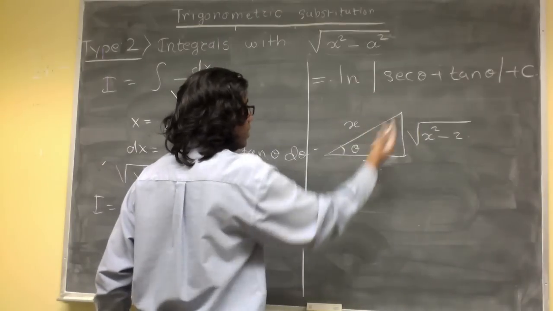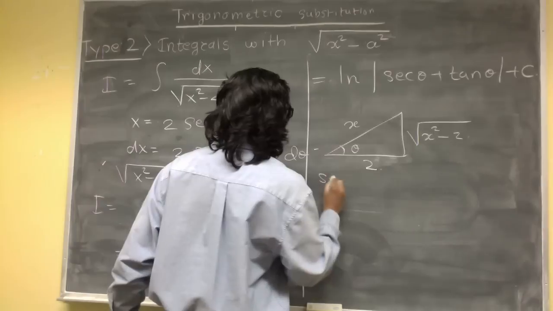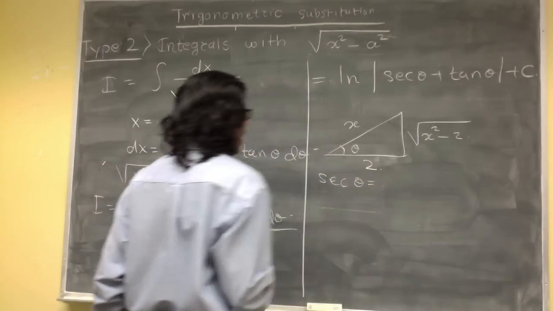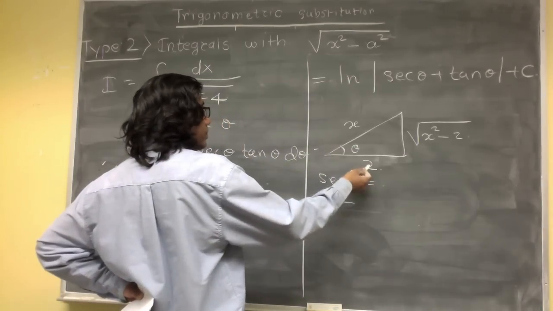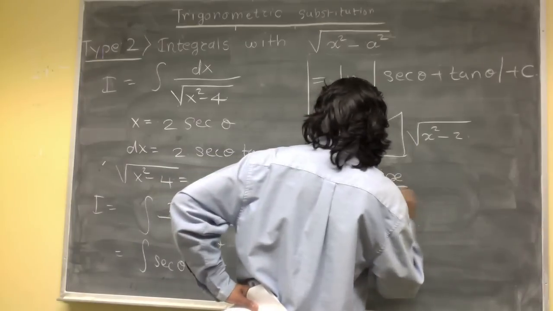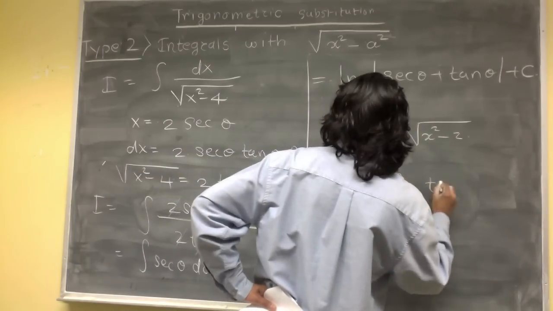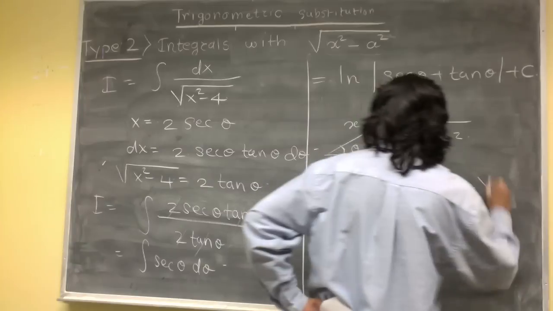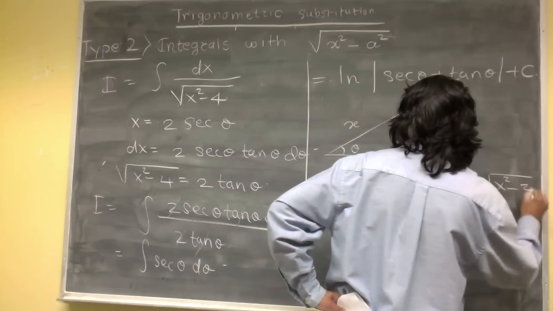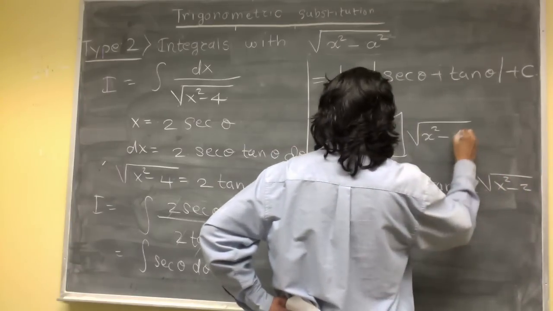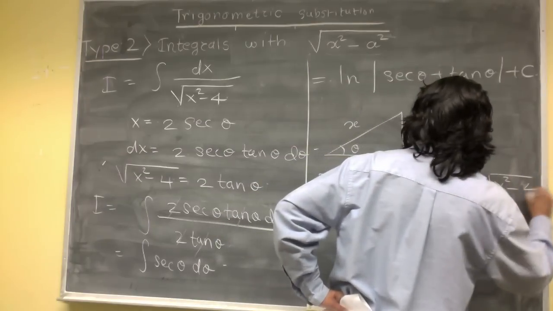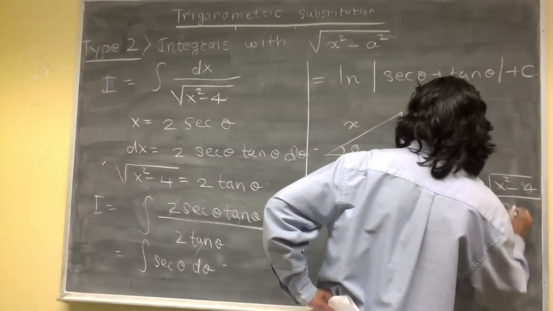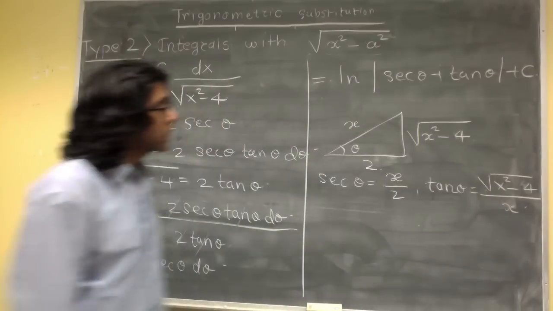So this satisfies this condition, and this remaining side is square root of x squared minus 4. So in terms of this triangle, we have secant theta as 1 over cosine, so it is x over 2, and tan of theta is square root of x squared minus 4 over 2.